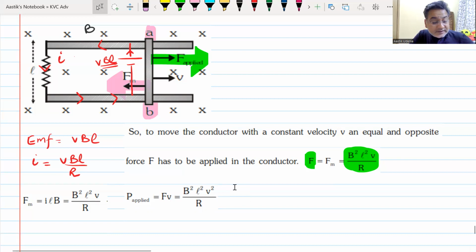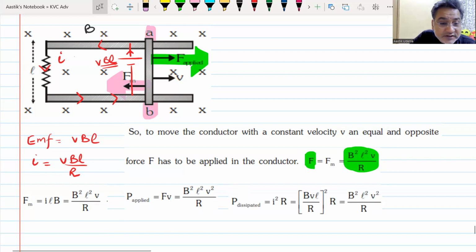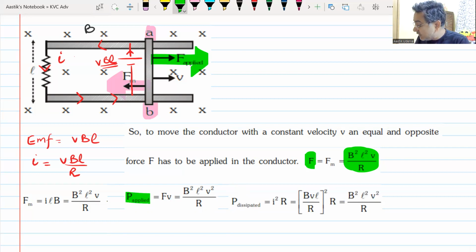Wherever a circuit has a current and a resistor, power is dissipated in the form of heat. Yes or no? Yes, sir. And what do we see here? The power which is applied is the same as the power which is dissipated. This is basically nothing but the law of conservation of energy. Whatever energy I am applying to move this rod, the same energy goes out in the form of heat.